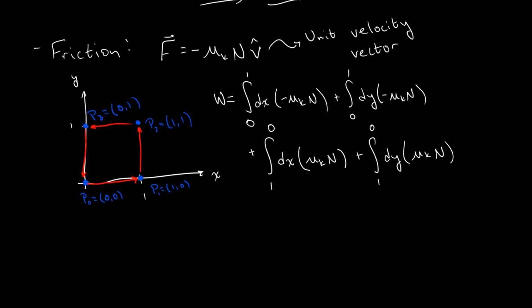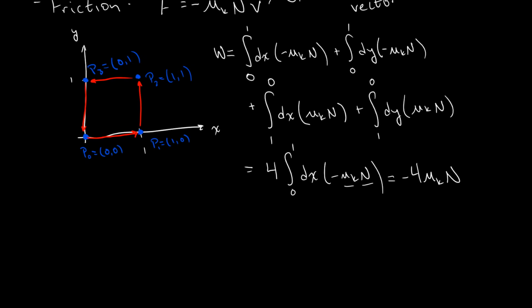And so what we find is that this is just 4 times one of these integrals. I can call what I put in here whatever I want. So taking the integral, assuming that the coefficient of friction and the normal force are constant in x, this is just going to give me something like minus 4 mu sub k N.